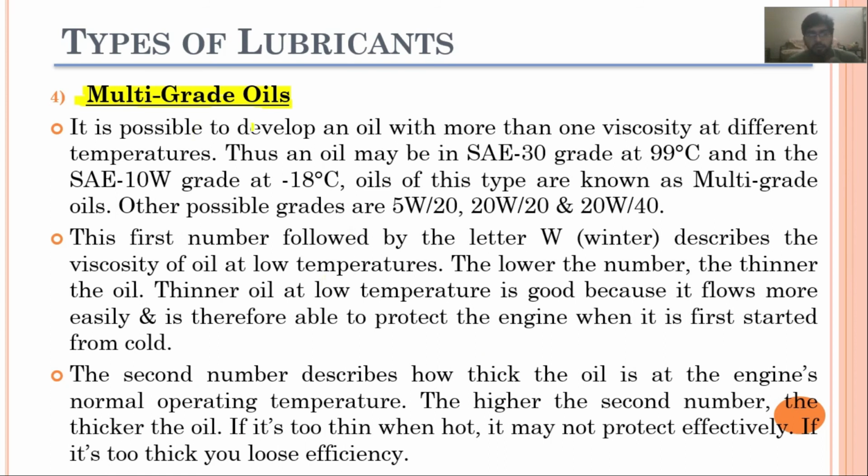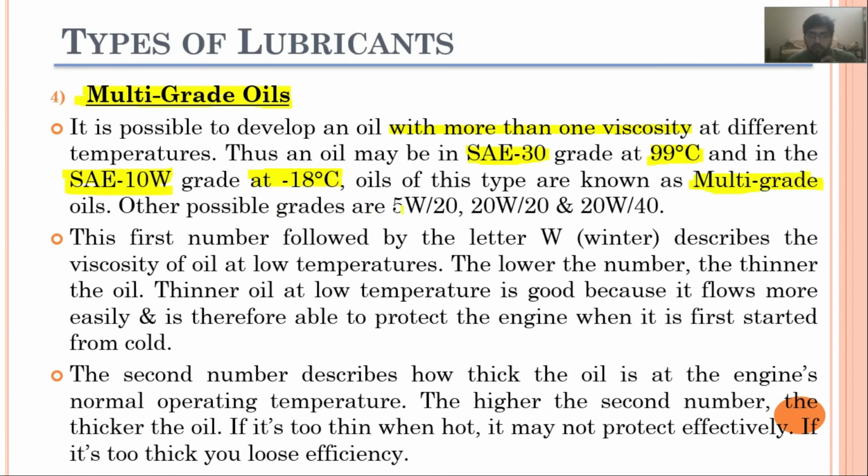So it is possible to develop an oil with more than one viscosity at different temperatures. Thus an oil may be operating like SAE 30 at 99 degrees Celsius and like SAE 10W at minus 18 degrees Celsius. Such types of oils are known as multi-grade oils.